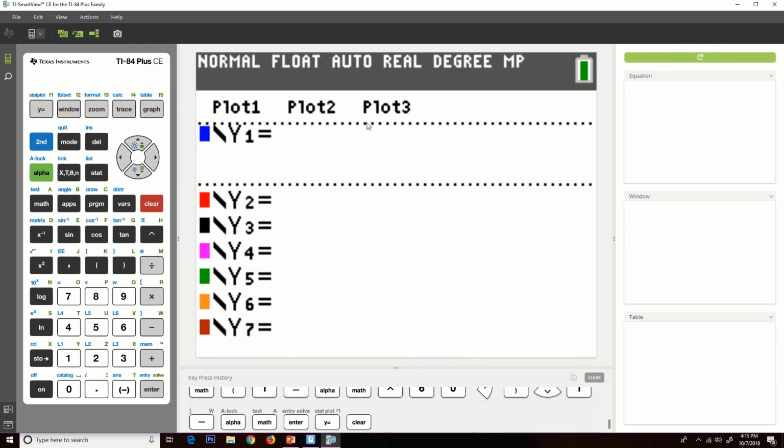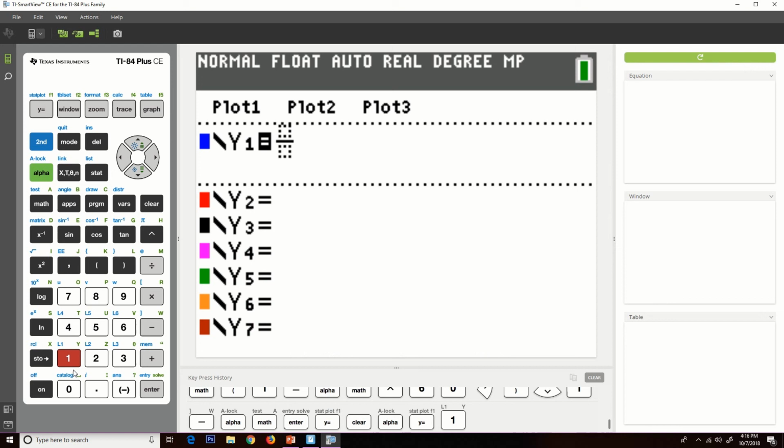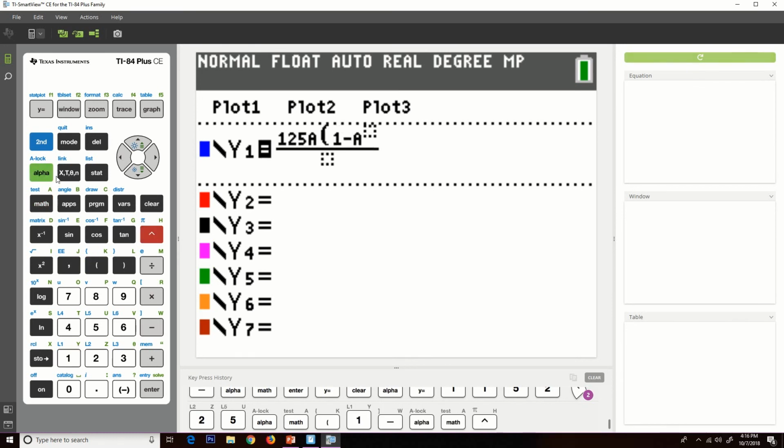Instead of 60 months, let's do it as a variable. So let's go second alpha, put our fraction bar in there. Let's go 125, and then alpha A, parentheses, 1 minus alpha A, and this time we're going to raise it to the x, because that's what's going to change.